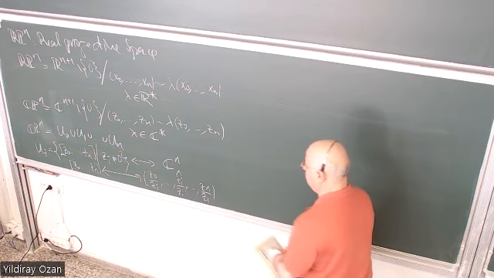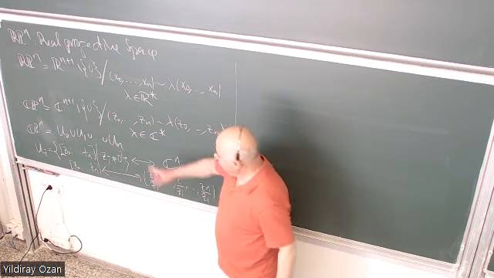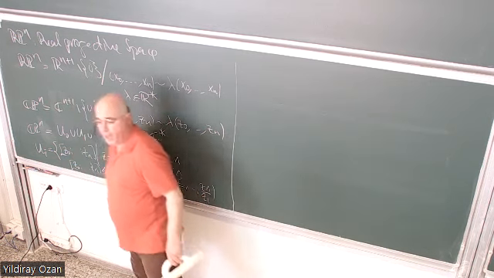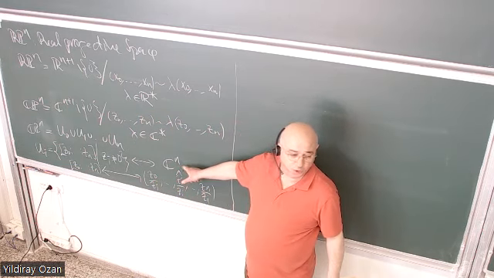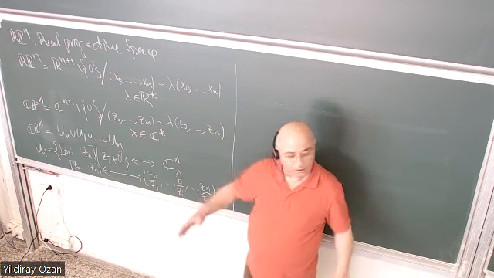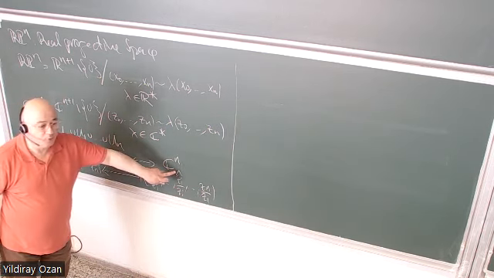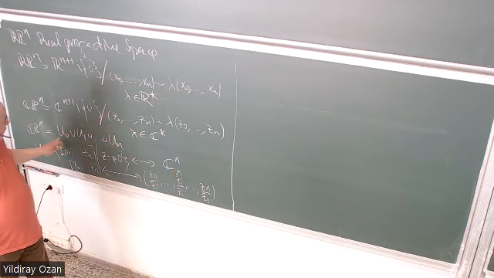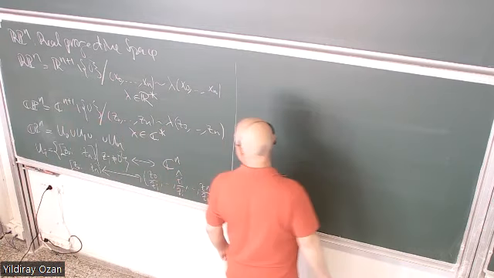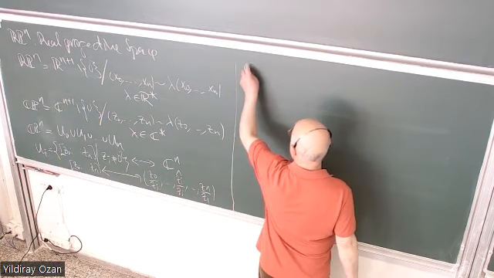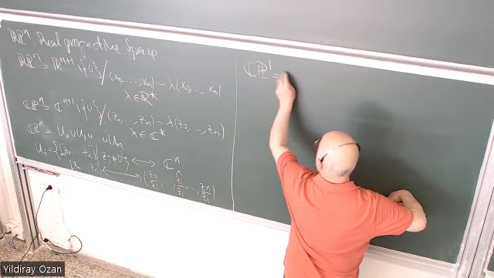So this means we may cover CP^n by n plus 1 copies of C^n, okay? Each of these Ui is a copy of C^n, and we have n plus 1 of them, and they cover this projective space.